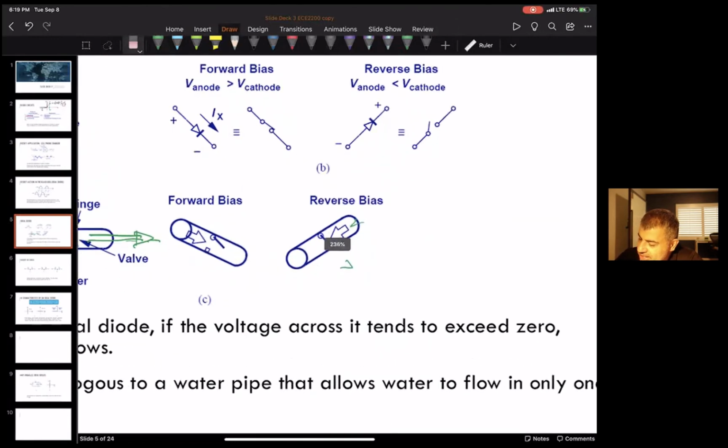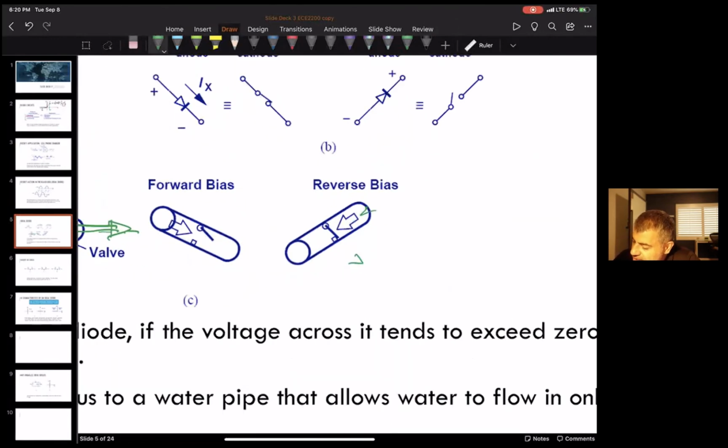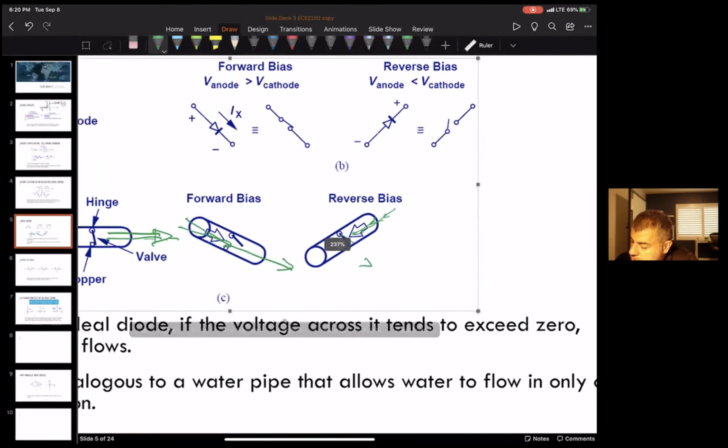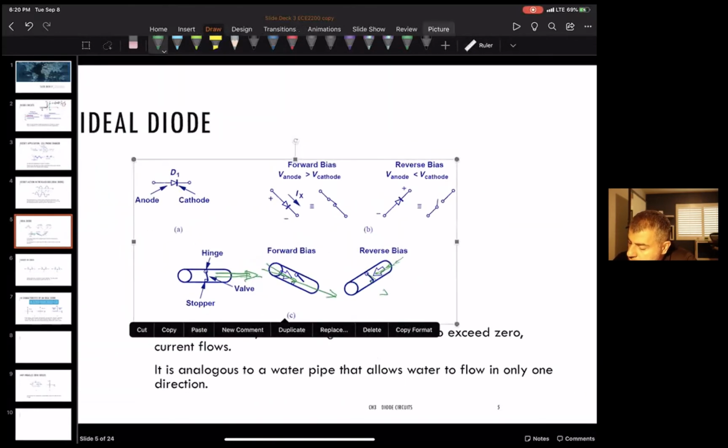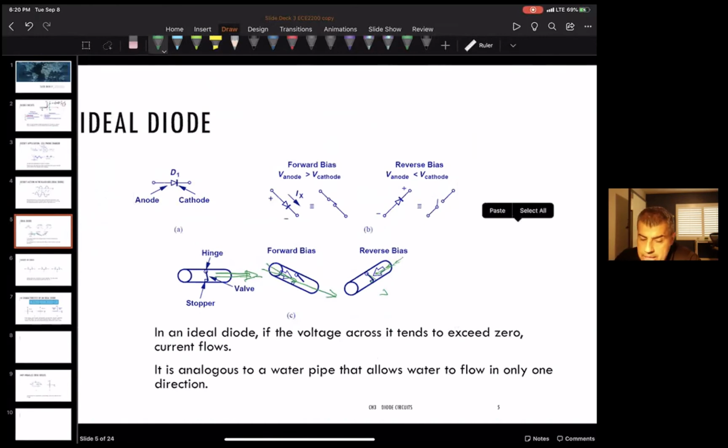Okay, here we go. If water goes this way, the hinge opens up and lets the water go through. If the water goes this way, the hinge, the way it's set up, is blocked, so the water does not go through. So that's sort of this ideal model of an ideal diode.